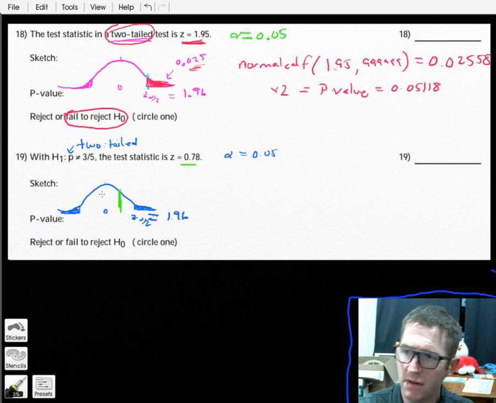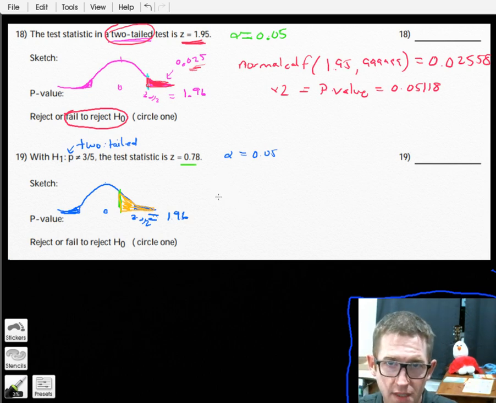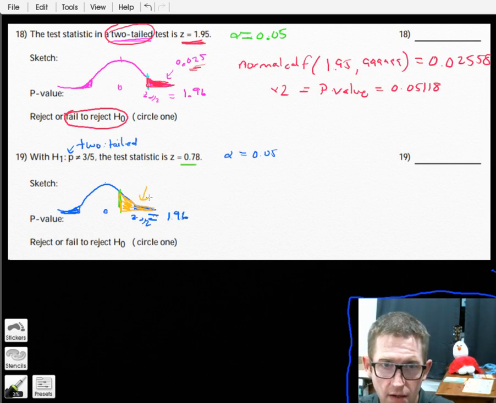So we already know the answer, right? We're going to fail to reject this again, but we still need to show the work. We need to calculate the p-value. So the p-value is twice the area to the right of this positive test statistic in this two-tailed test, so all this orange. Again, you can use normal CDF to calculate the area here, and then multiply it by 2, because the p-value is twice the area in a two-tailed test.